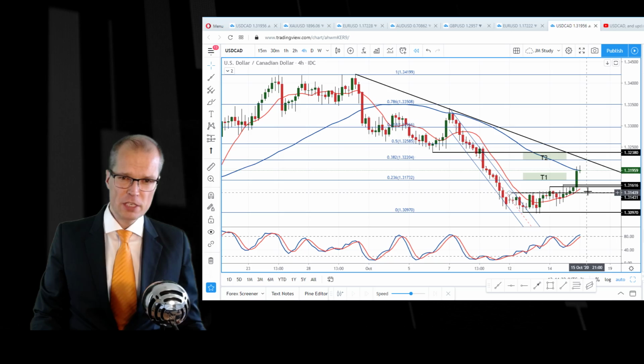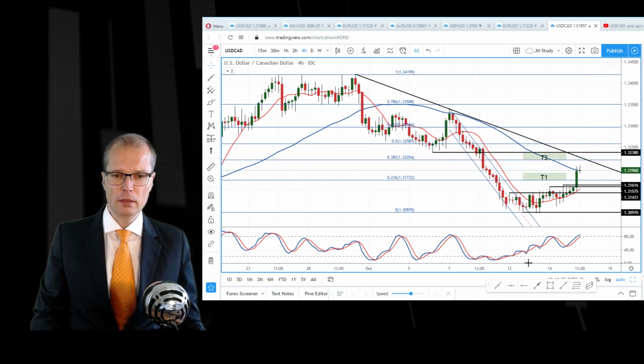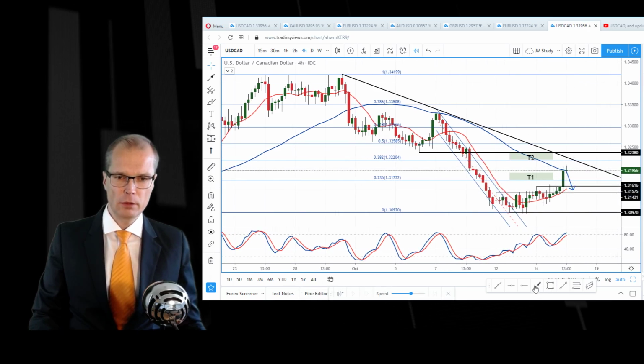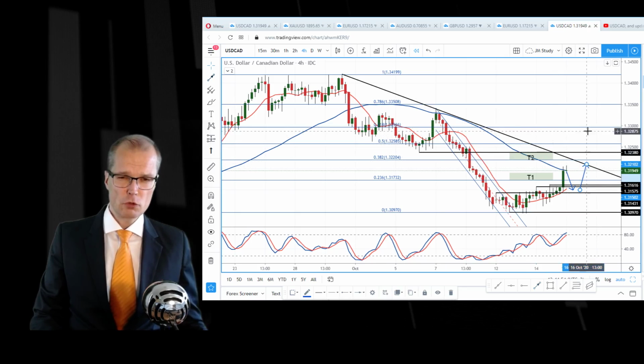If the price retraces there, maybe this is what happens. If the retracement comes now, maybe the move is like a retracement to this zone first, and then a move up to the downward pointing trend line again, and because that would be a higher low, then maybe even to target 2 and beyond.